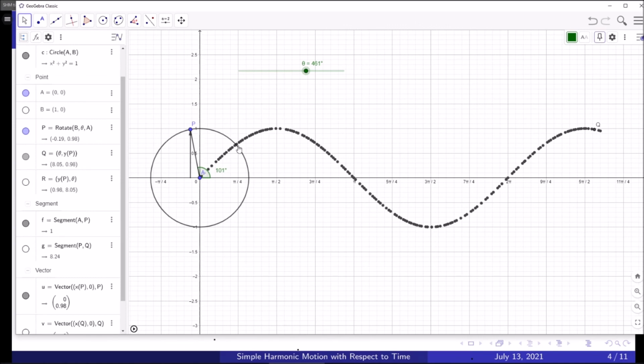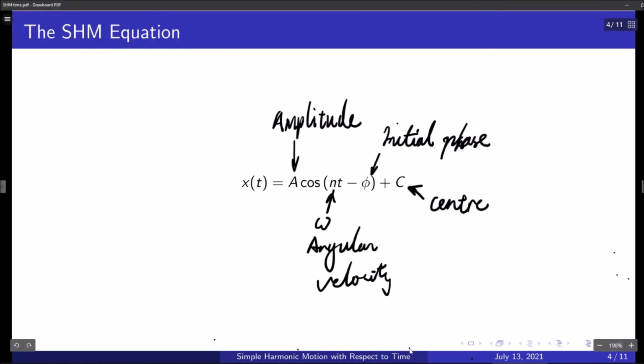So if we can only look at one-dimensional movement, then one of the components of this point P moving in a circle will end up representing a simple harmonic motion. So that's the idea.